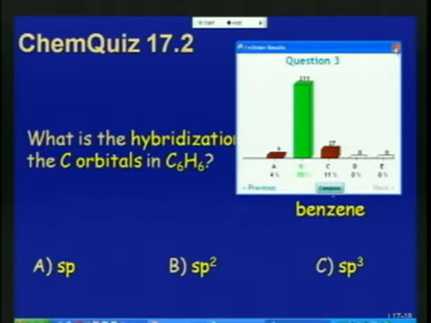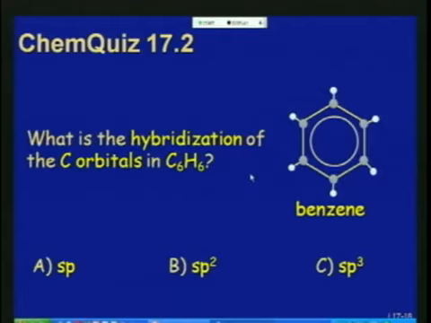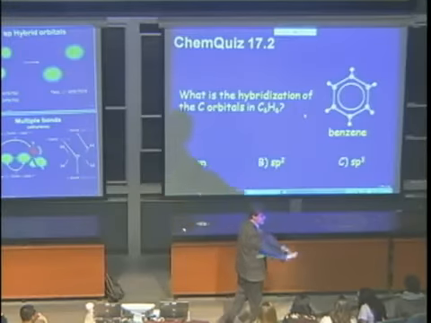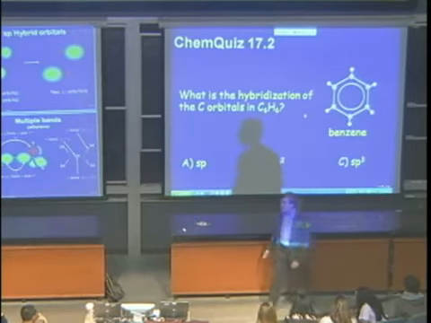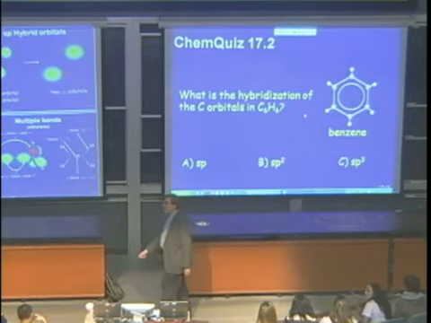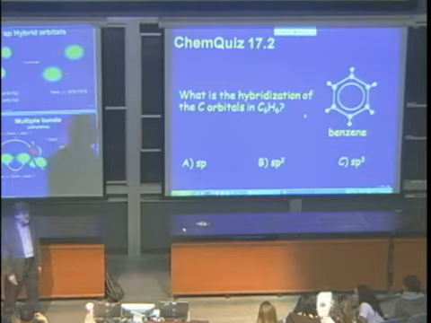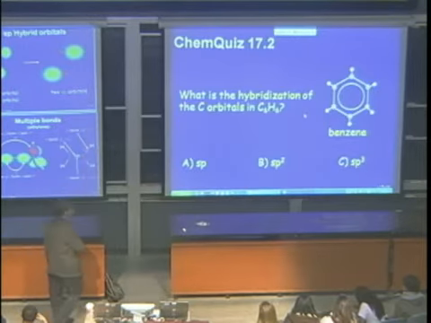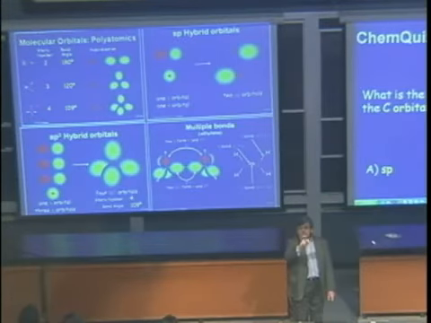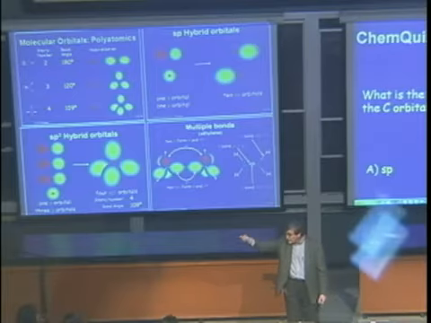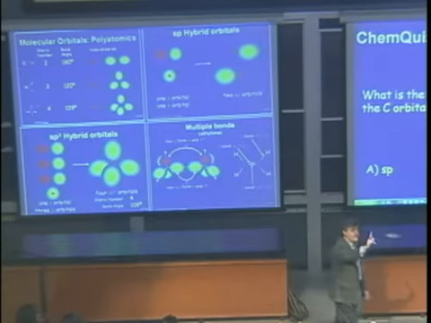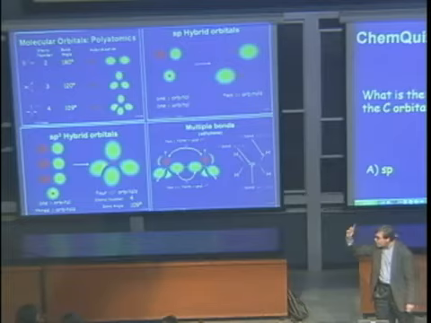Perfect. So of course you know this has to be 120 degrees. It's flat. It's planar, trigonal. So what's the number? The steric number is what? Okay, it's right here. So that is 1 s and 2 p's. Gives sp2. 3 sp2s. Remember, there's 1 p left because you have 3 p's.